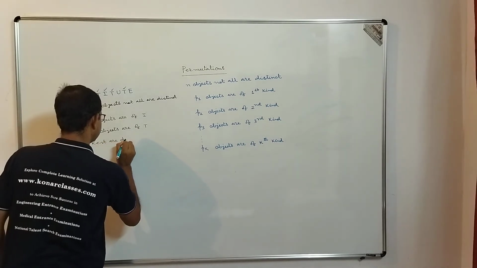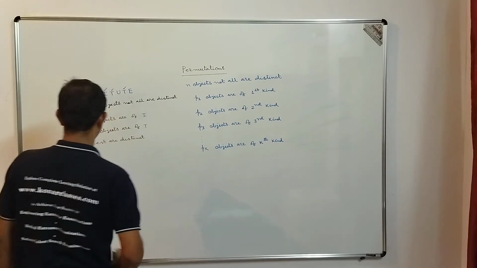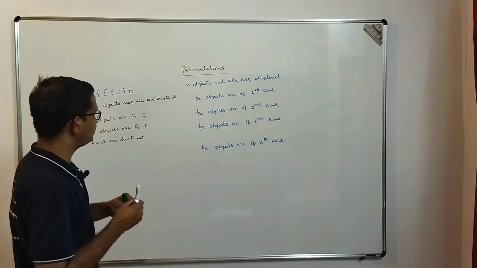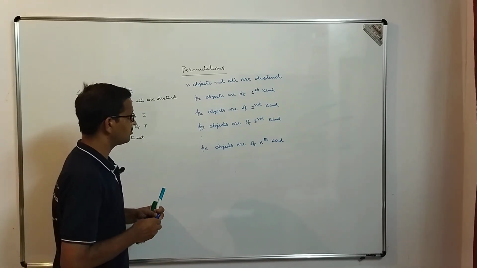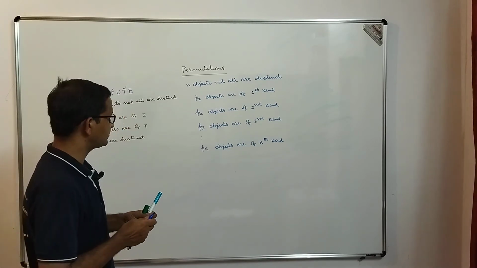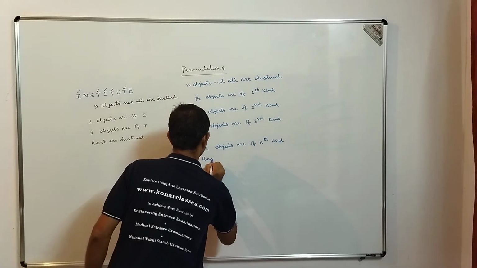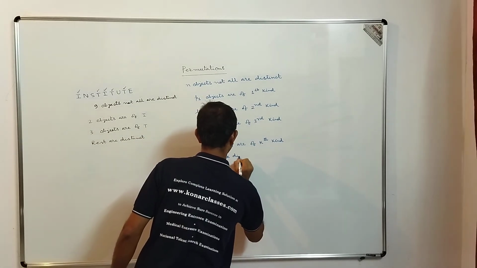In this case also, P1 objects are of first kind, P2 objects are of second kind, P3 objects are of third kind, and Pk objects are of kth kind, and the rest could be distinct.